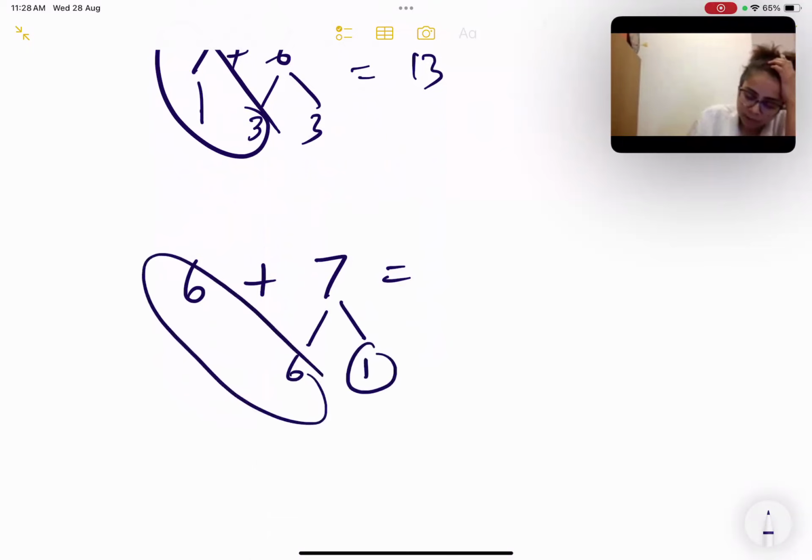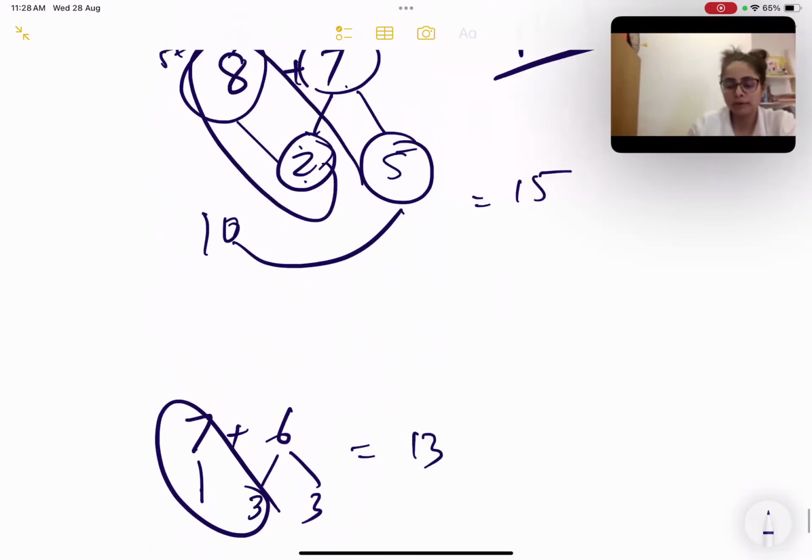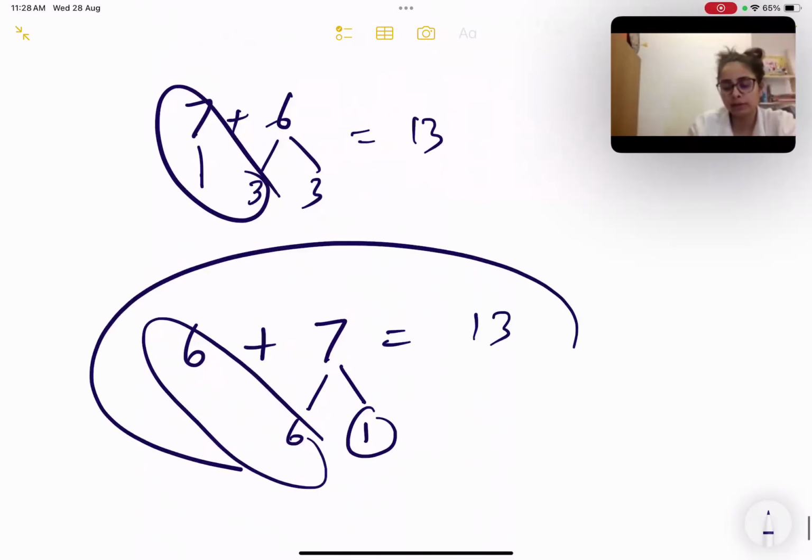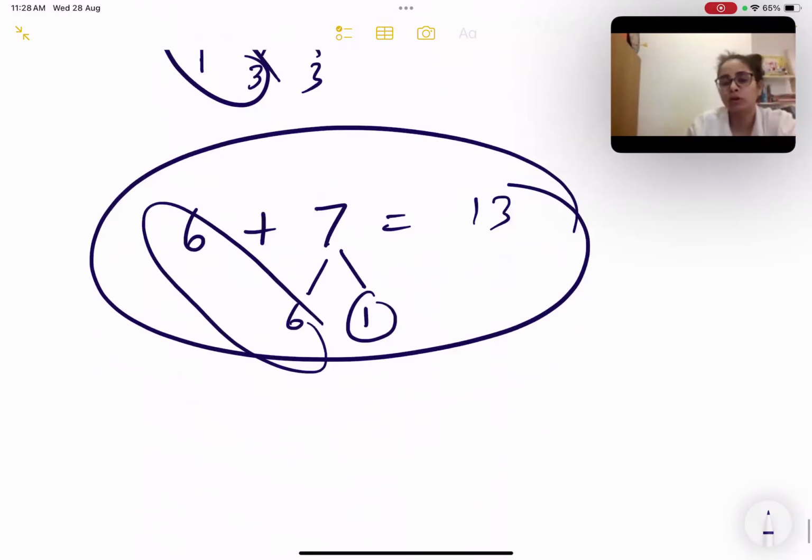We know that a 6 and 6 is 12, and it becomes 13. This is another way of doing. So I would not say this way is wrong or the other way is wrong. It is just that the child should know how to do mental maths calculation through these visualization steps. Once he can do this, you can also tell them that this is also another way of solving.